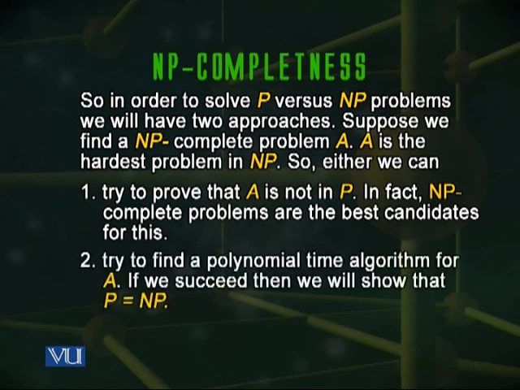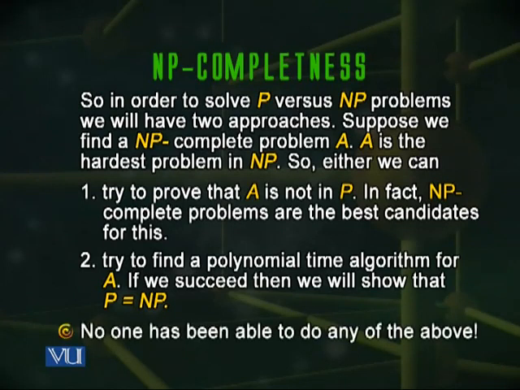Or we can try to find a polynomial time algorithm for A. If we succeed, we will be able to show that P is equal to NP and resolve this question. However, no one has been able to do this. No one has been able to show that an NP-complete problem does not belong to the class P, or come up with a polynomial time algorithm for any NP-complete problem.